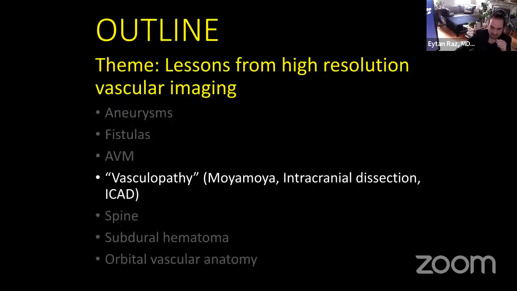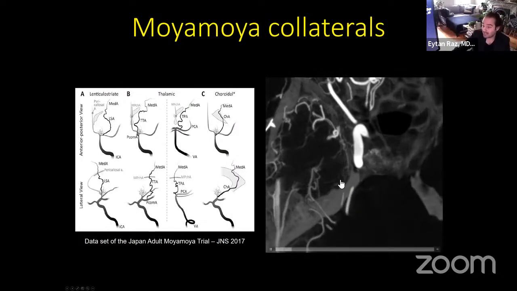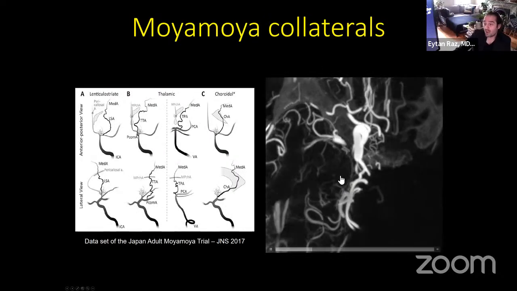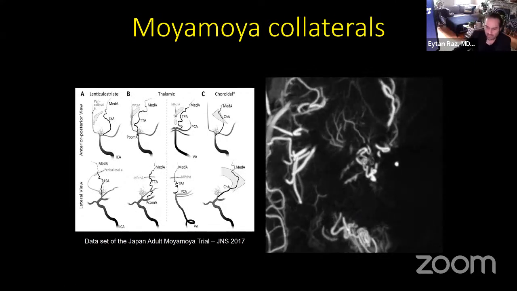And this leads me to the next topic, which is application of this imaging for, generally speaking, vasculopathies. This is really where understanding things in more detail can have an impact. When we think about moyamoya and the collaterals that we see with moyamoya, we call them moyamoya collaterals.